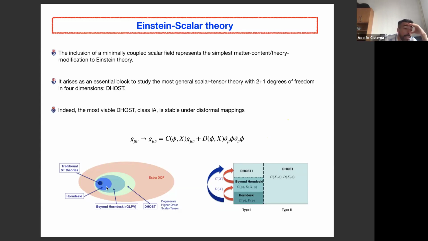But then you can go beyond and ask for higher order field equations while maintaining the healthy propagation of the degrees of freedom. The first sector is called beyond Horndeski, and when you analyze beyond Horndeski, you arrive at DHOST. Anything beyond DHOST will have an extra degree of freedom that will most probably be a ghost and will have Ostrogradsky instability and so on. And this particular sector of DHOST called class Ia is stable under this conformal transformation.